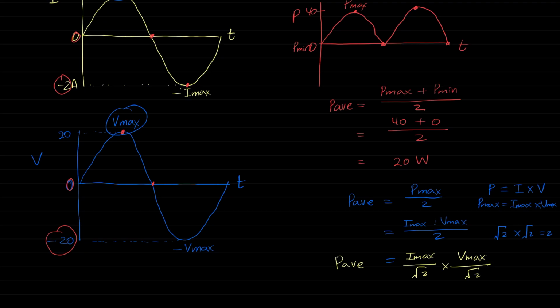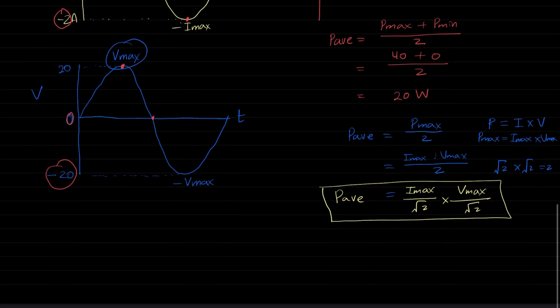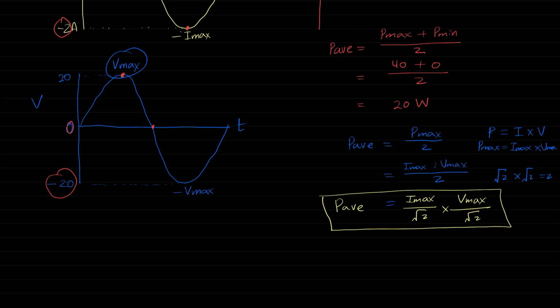Now, I max over square root 2 times V max over square root 2 is not the average voltage or the average current. It is the RMS. So P average is equal to I RMS times V RMS.